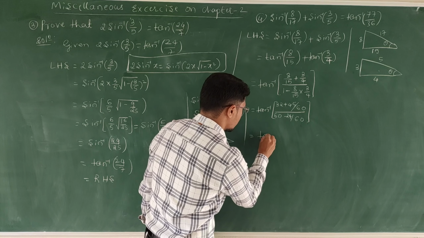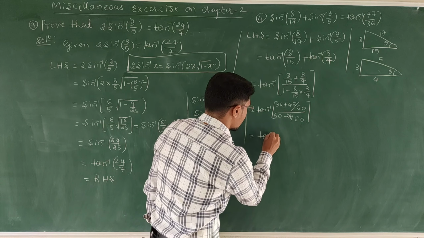Okay, tan inverse 32 plus 45, this is equal to 77 divided by 60 minus 24 is 36. Okay, so see, the required result is 77 divided by 36. This is equal to the tan inverse 77 divided by 36, which is equal to the RHS.